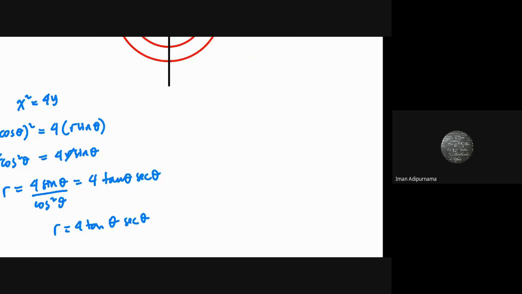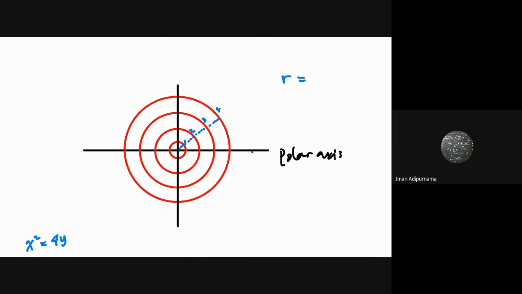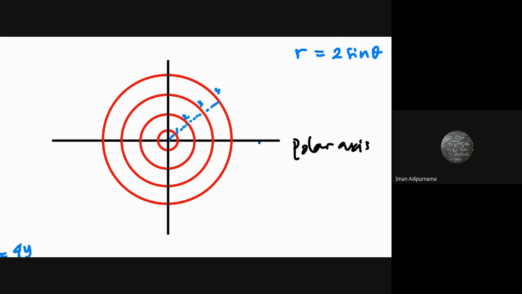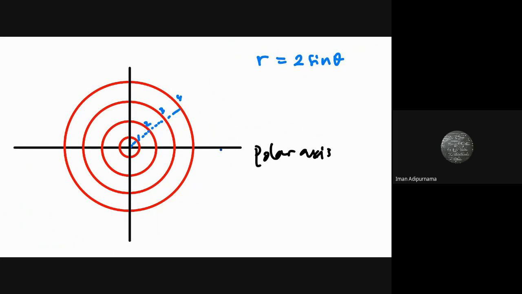Or if we have just r, let's say r equals 2 sine theta or 2 cosine theta. We will start from the angle 0, and let's say this is pi over 2, and maybe this one is pi over 4.